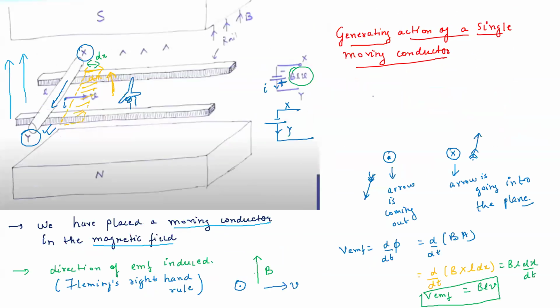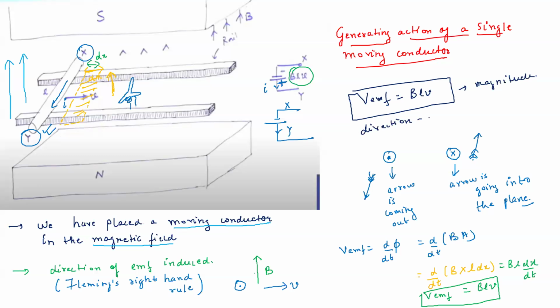Like here the emf, the important thing is emf is BLV, and this is the magnitude, and the direction was obtained using Fleming's right hand rule.